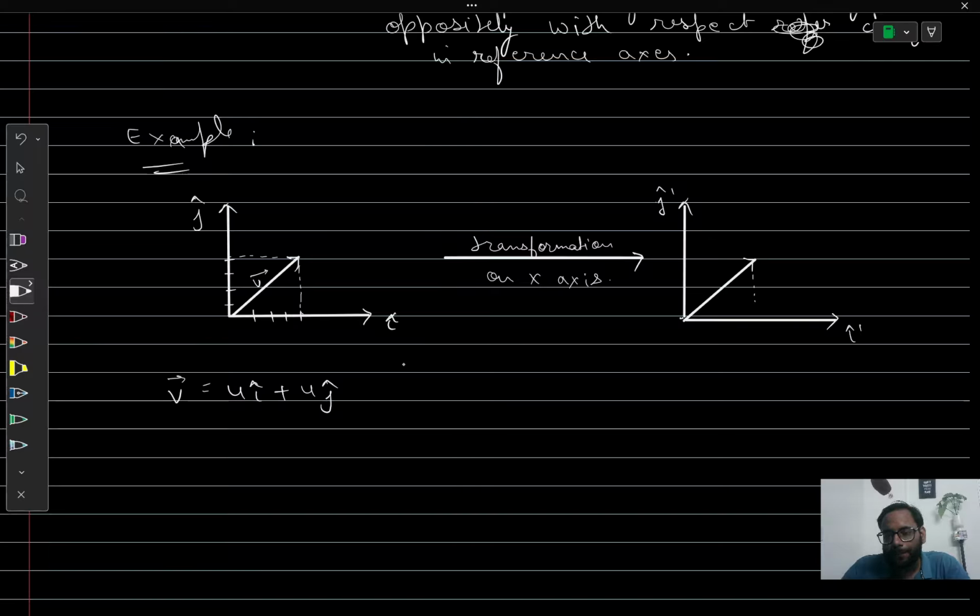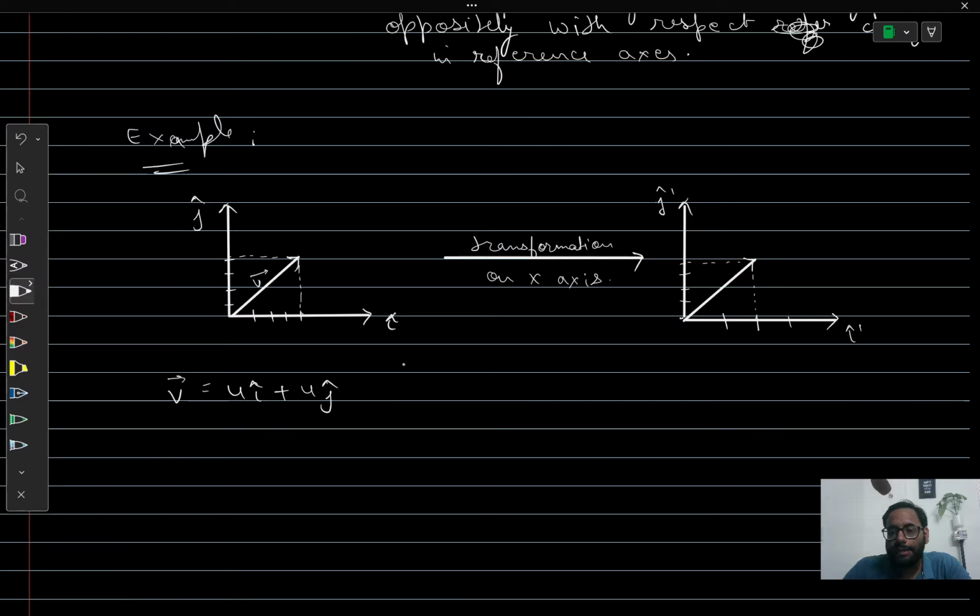I do not change my y axis, that is my j cap axis, and it is of course still 4 units, but I did change the unit of i cap.